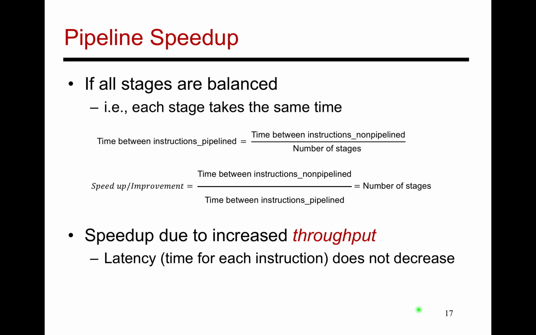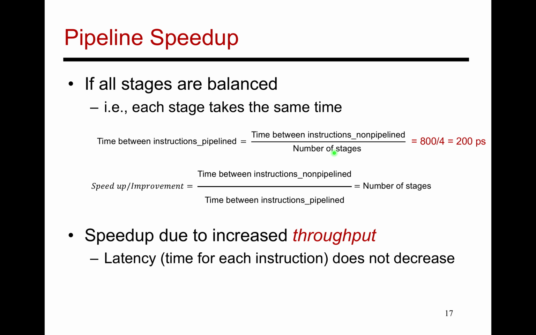So if the stages are balanced, then the time between instructions that are pipelined is equal to the time between instructions that are not pipelined divided by the number of stages. Which basically is telling you that however long it takes to do the entire operation, when you go to pipelining, you can finish that once you finish one stage of the pipeline.